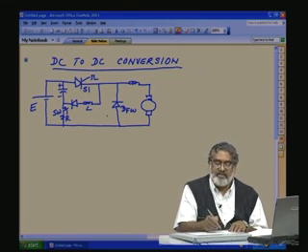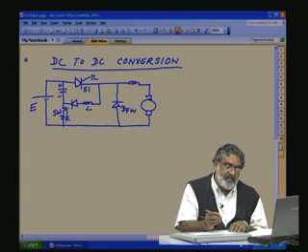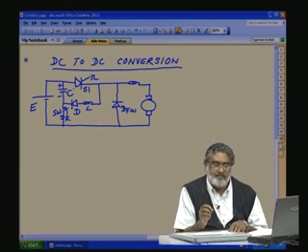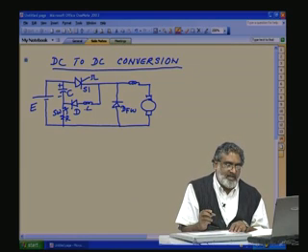So, there is no reverse conduction. To block the reverse conduction, we have given this diode D. So, this capacitor C will be charged, and L and C will act as the resonance circuit.